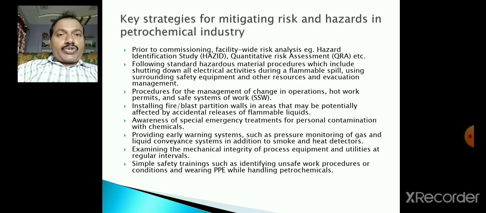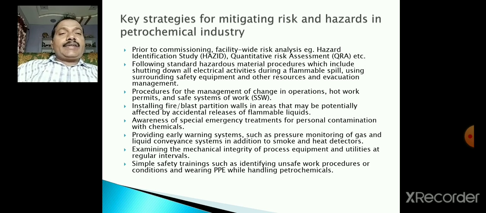These two reports must be prepared prior to commissioning, that is, prior to work start. So these risk analyses will help us to prevent such hazard conditions.